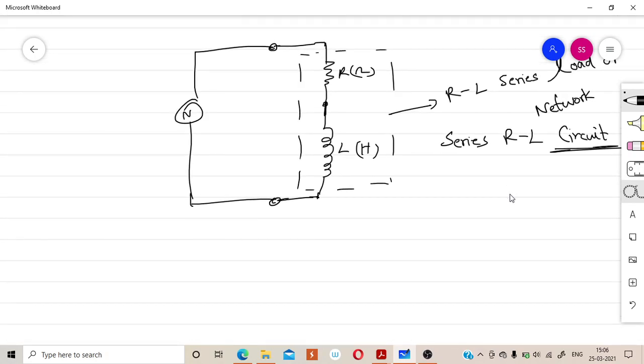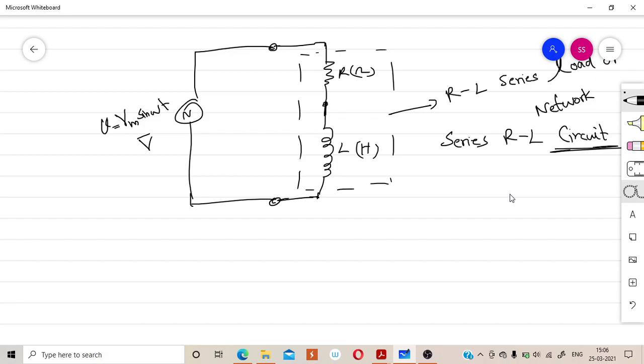And I have this V, that is equal to again Vm sin omega t. I will no more write this again, and I will represent it as a phasor like this, V phasor.